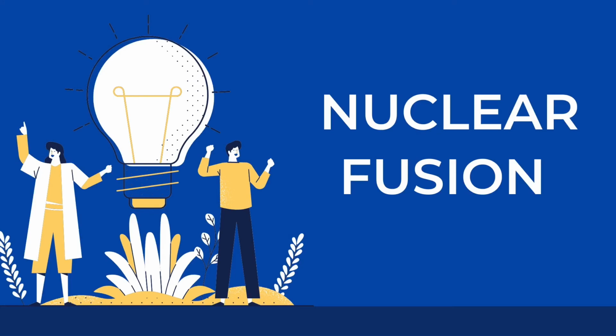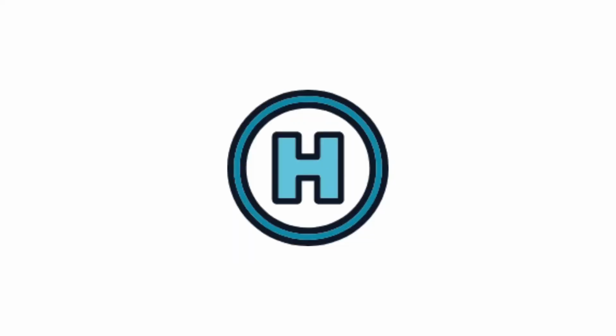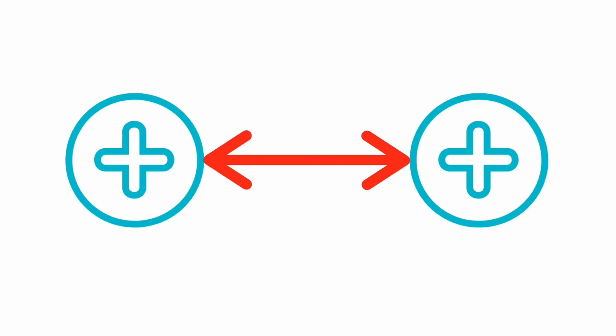Now, let's discover nuclear fusion. Like I said before, nuclear fusion is exactly the other way around. It only works with small atoms, for example, hydrogen. The atomic nucleus only consists of 1 proton. If we want to force these 2 protons together, these 2 would repel each other. It is because they have an equal charge, and remember, equal charges repel.